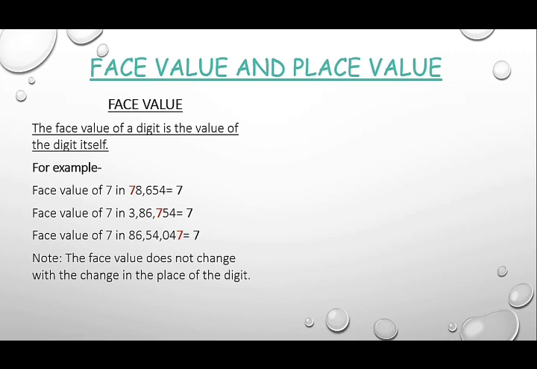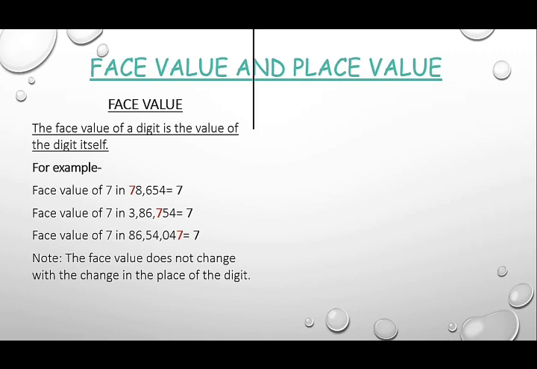Face value of 7 in 3,86,754 is also 7. Here 7 is in hundreds place. Face value of 7 in 86,54,047 is also 7. Here 7 is in ones place. Note, the face value does not change with the change in the place of the digit.